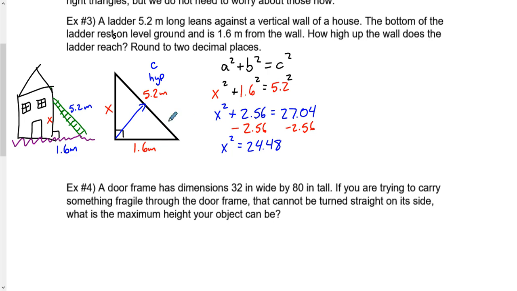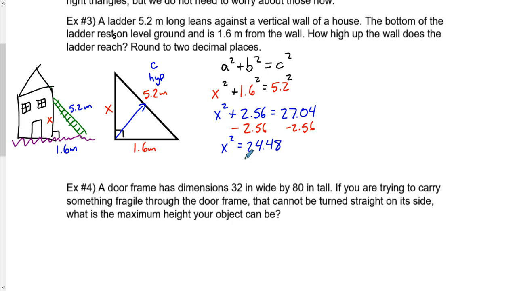But as I've explained before, that's not a side length. It would make no sense for that to be 24.48. Not when that's 5.2, which is our hypotenuse, should always be the longest side. Let's treat it like before. If we built a square off of this side, this is the area.